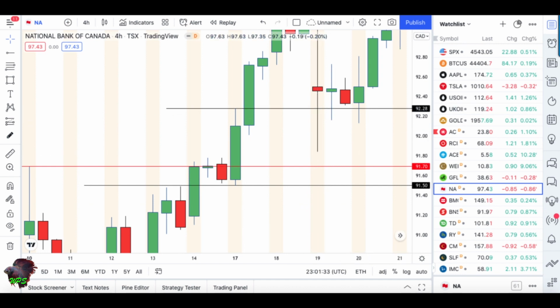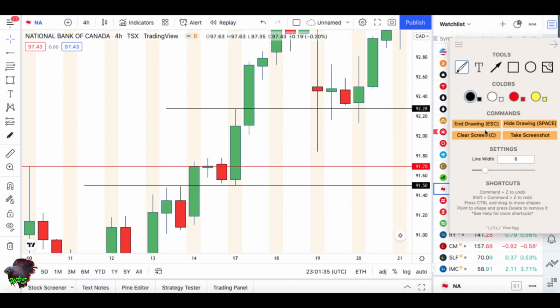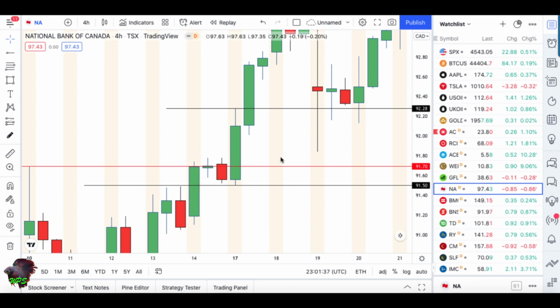So what we were looking at here is a significant level of 91.70 where the market stopped. You can see clearly the market stopped here. This level was marked on a daily or weekly chart. I can't remember now exactly. It doesn't really matter. We're just going over the examples of how to trade these kinds of breakouts and how to spot these kinds of breakouts.